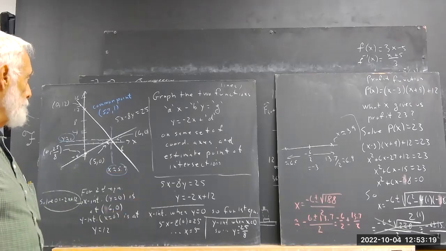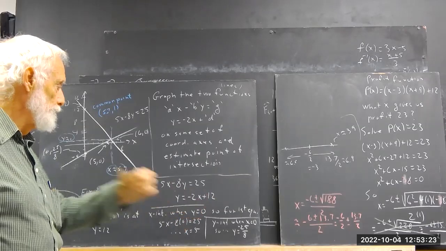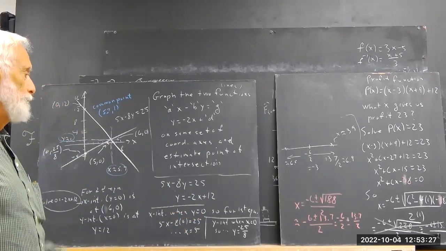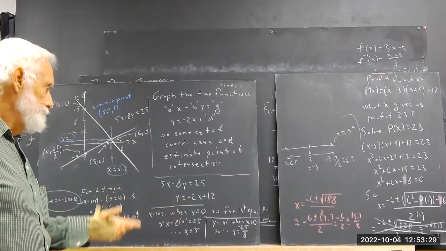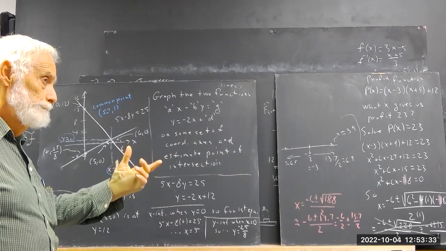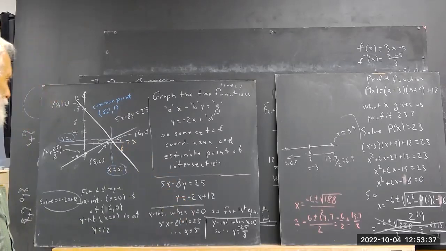If I plug in here, I would get 1 equals -2 times 5.7 plus 12. That works out a little better. It gives me about 0.6, so it's not really right there either.